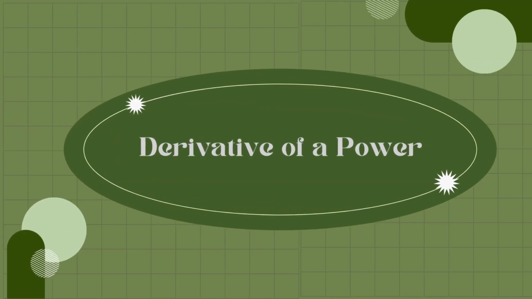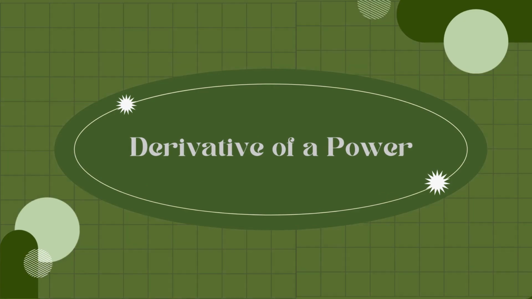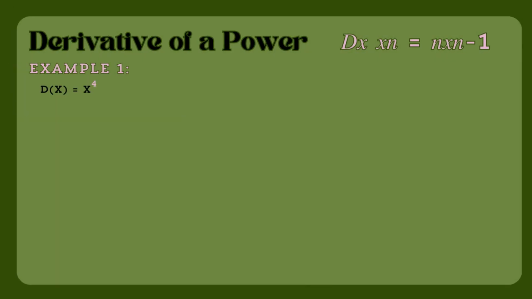Now for the next rule, the derivative of a power. It is simply bringing down the exponent or the power of x, multiplying it to the function, and then subtracting 1 from the exponent. For better understanding, here are the examples. For example, find the derivative of x raised to 4. The first thing that you need to do is to bring the exponent to the front.